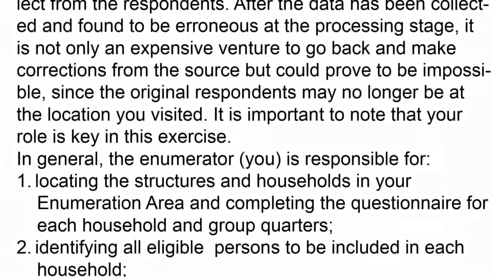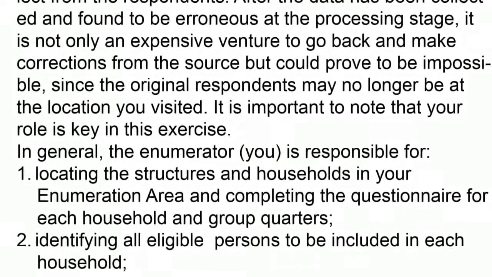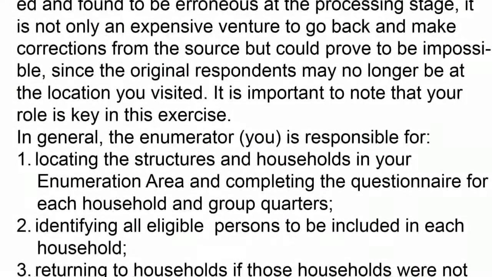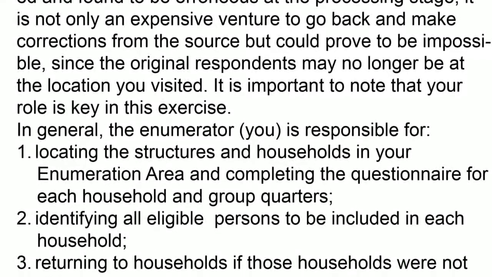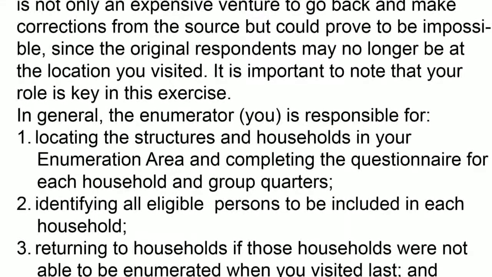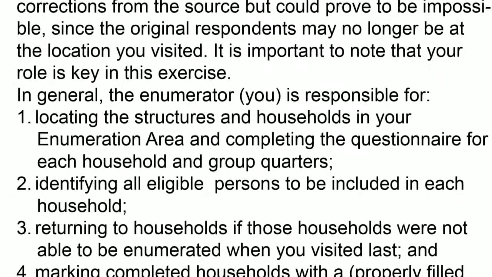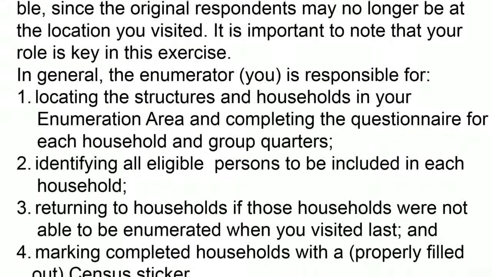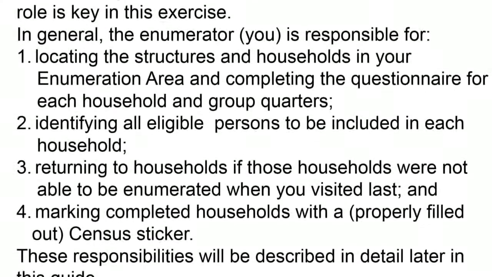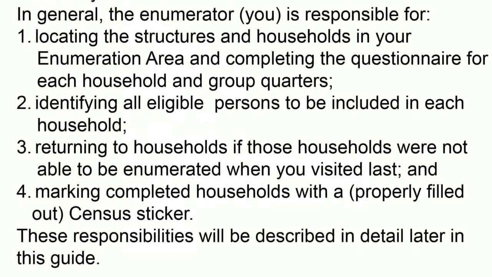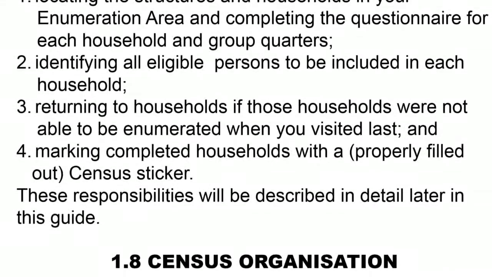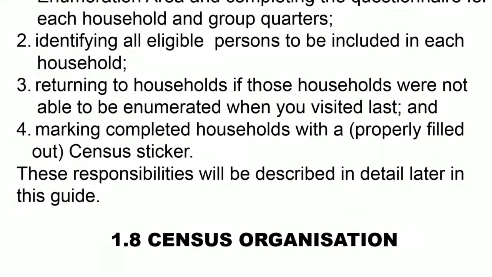In general, the enumerator, which is you, is responsible for the following: locating the structures and households in your enumeration area and completing the questionnaire for each household and group quarters, identifying all eligible persons to be included in each household, returning to households if those households were not able to be enumerated when you visited last, and marking completed households with a properly filled out census sticker.